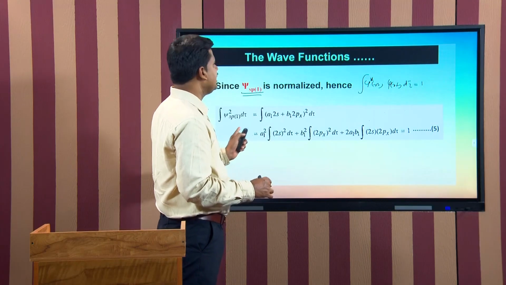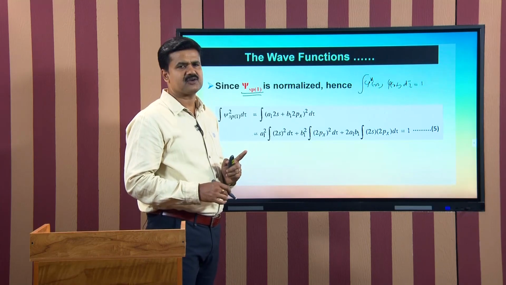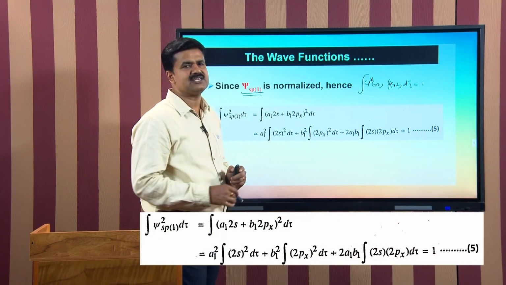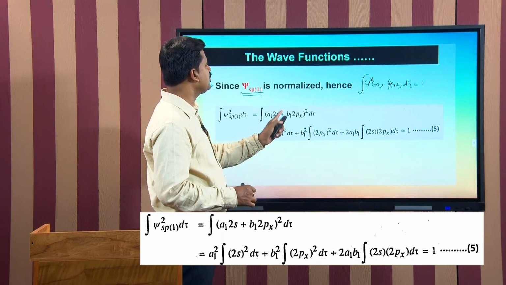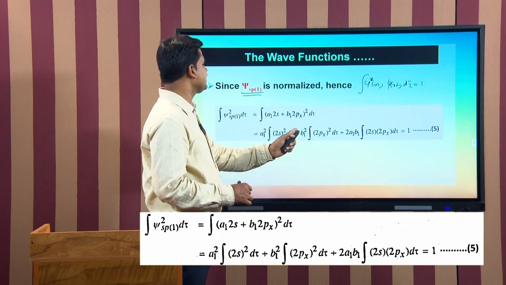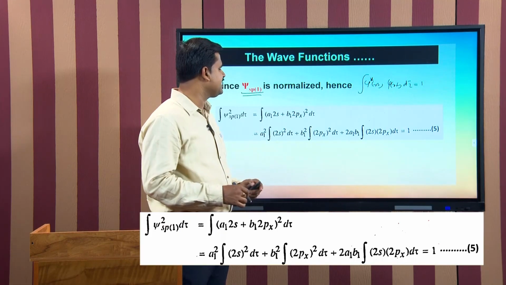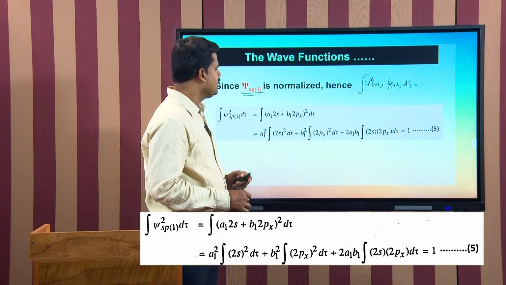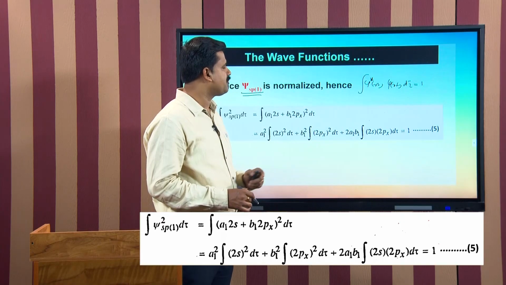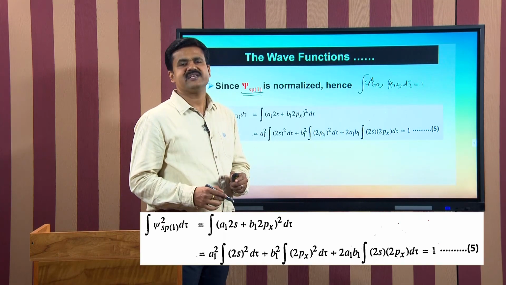So, integral psi sp1 into psi sp1, since we are discussing real part of the wave function, integral psi sp1 square d tau, and that is equal to a1 2s plus b1 2px the whole square dx. On simplification we are getting this final equation: a1 square into integral 2s square d tau plus b1 square into integral 2px square d tau plus 2a1 b1 integral 2s 2px d tau is equal to 1.